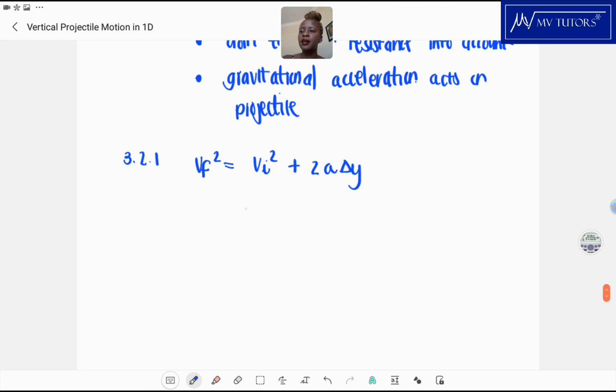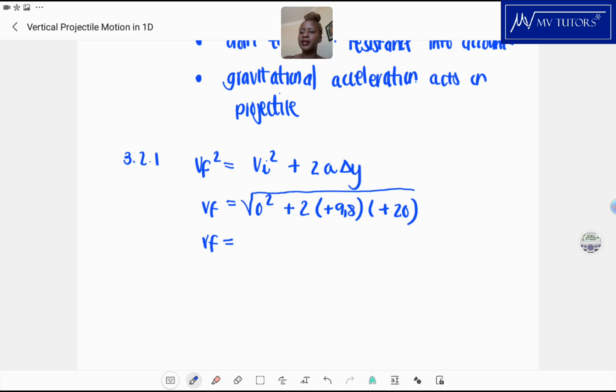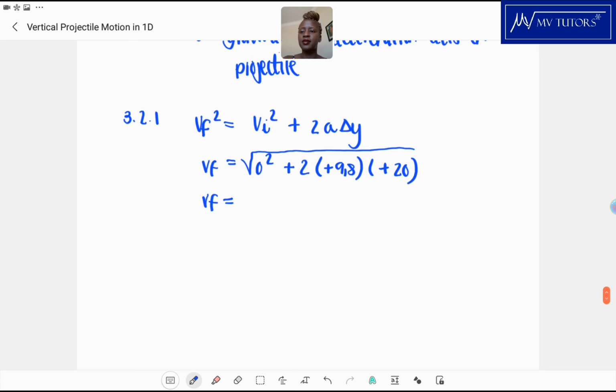My initial velocity is 0, then gravitational acceleration is positive, and I have positive 20 there. So my final velocity will be the square root of everything else. Okay, let's use the calculator.